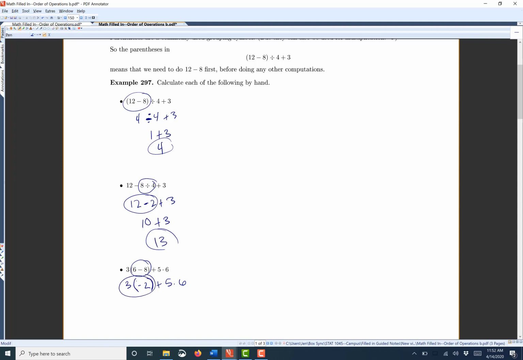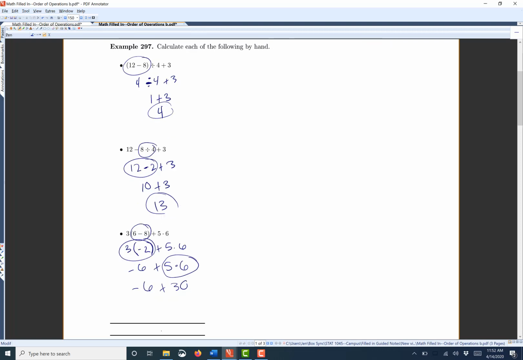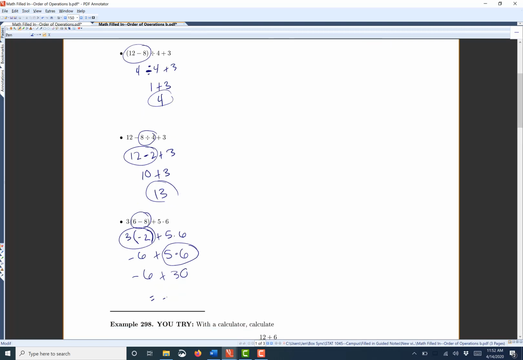So 3 times negative 2 is negative 6 plus 5 times 6. Now we have an addition and multiplication. Do the multiplication first. So it'll be negative 6 plus 30, which gives me positive 24.